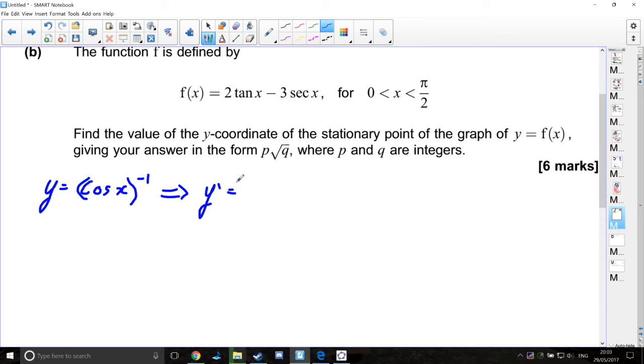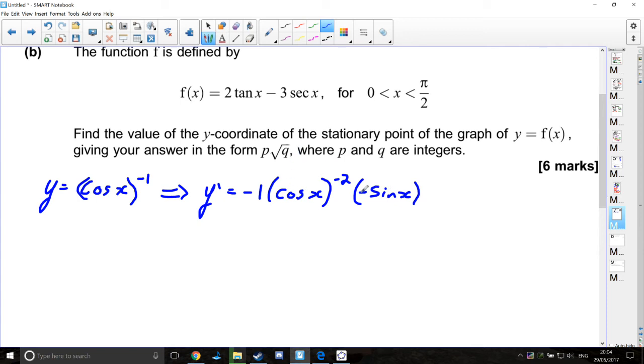So it's minus 1 drops down to the front, times by the power, take 1 from the power is the rule. And now we multiply by the inside part, this bit differentiated, which is now negative sine x. I've written it in brackets because of that negative there. I want to make sure I'm not confusing myself by taking it away or anything.